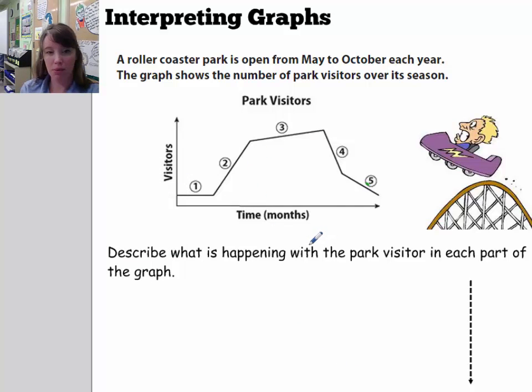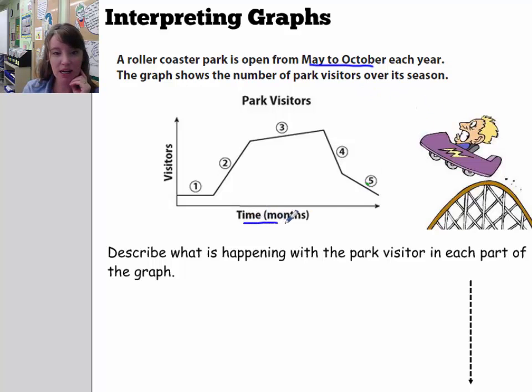Generally with these types of problems, they don't really give you a lot of information numerically on the x and y axis, but they do ask you to describe what's going on. So this right here is a graph of, let's say, a roller coaster park that is open from May to October each year. The graph shows the number of park visitors over the season.